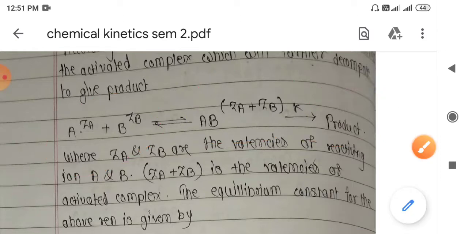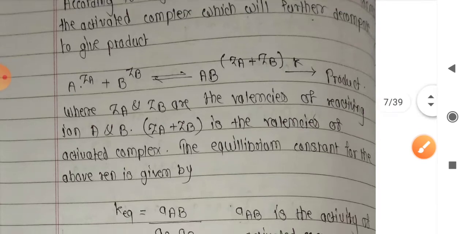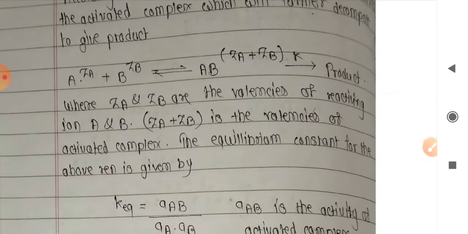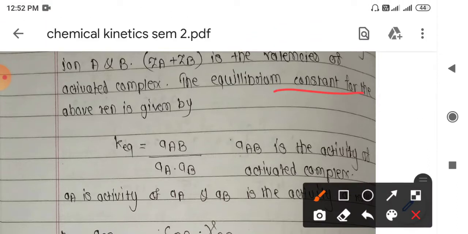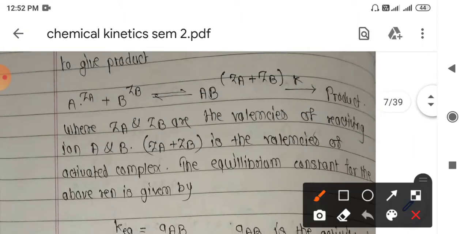This is the theoretical concept that has been used. Here ZA and ZB are the valencies of the reacting ions A and B, and ZA plus ZB is the valency of the activated complex AB. The equilibrium constant for the given reaction can be given using the equilibrium law, that is, the ratio of activities of the product upon activities of the reactants: activity of AB upon activity of A into activity of B. So we have found the equilibrium constant for this reaction.